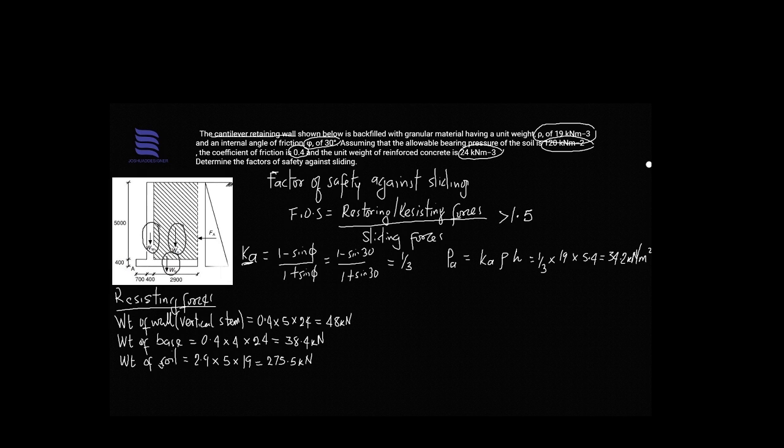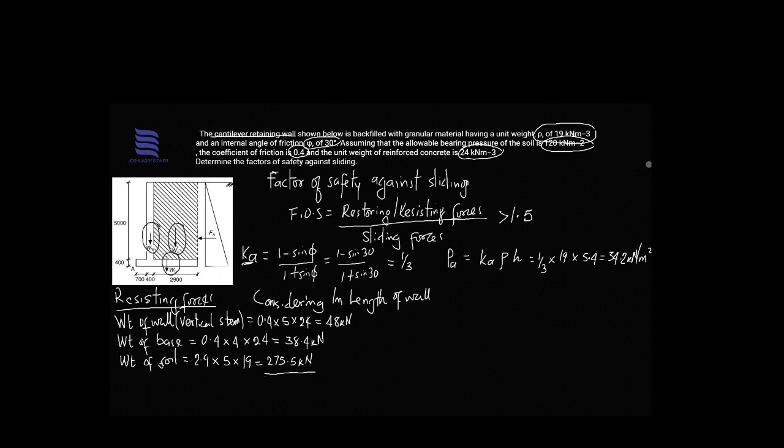But because we are designing, we are considering a 1 meter length of wall. So we're multiplying by 1 meter, then we have our load in kilonewton, right? So these are the forces that tend to resist the sliding effect or sliding force.